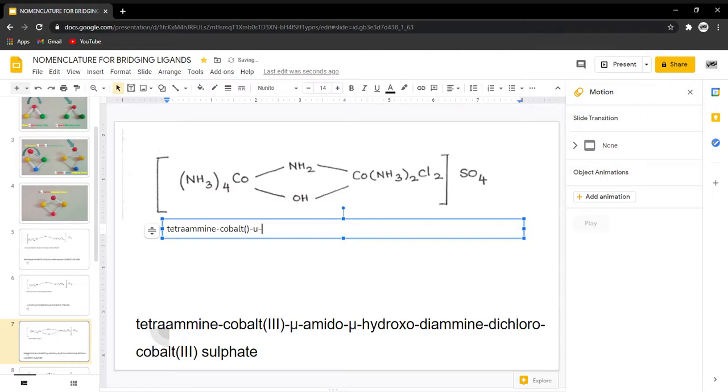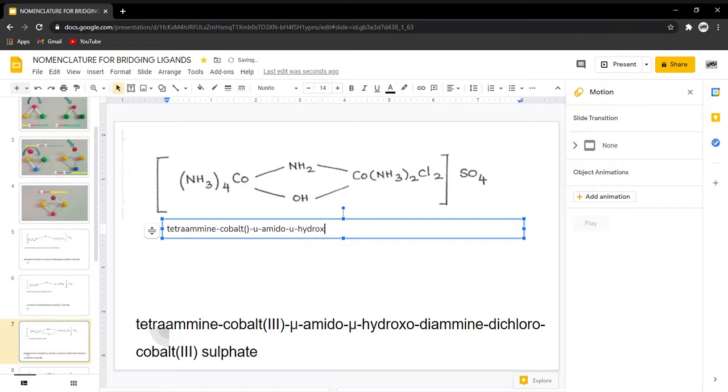Okay, then mu. Since I don't have mu on my keyboard, I am just putting it as u. Please do understand that it is mu. Amido. There are two bridging ligands, amido and hydroxo. Which comes first? Alphabetically A comes first, so you should put mu amido, mu hydroxo. Clear?